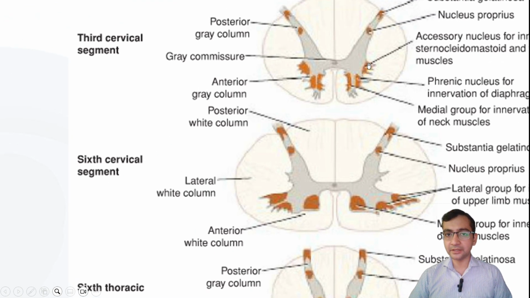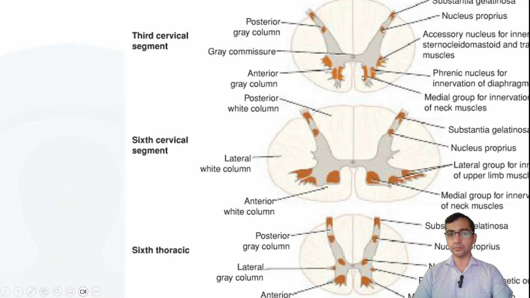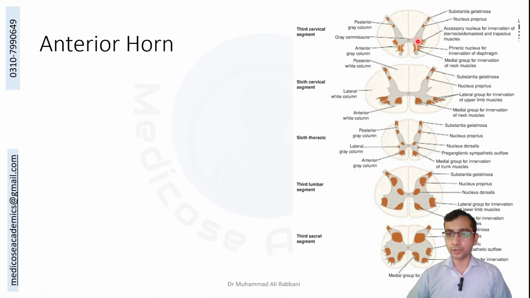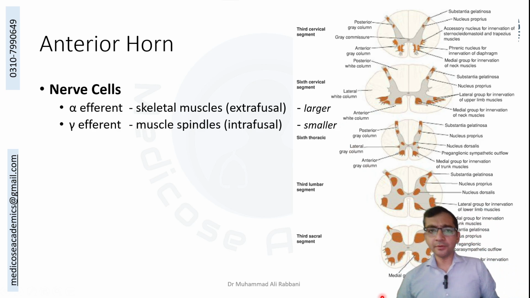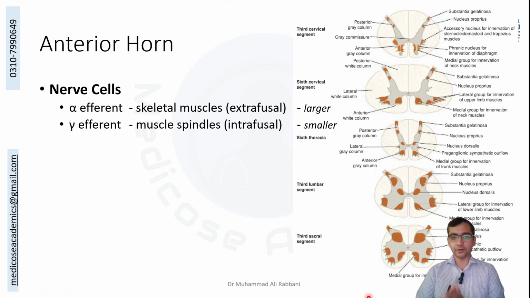I will be discussing these three, shown in orange here. So the anterior horn contains the cells. Let us discuss which cells are present.